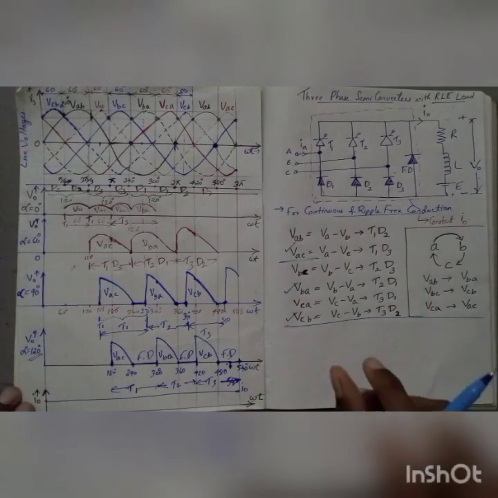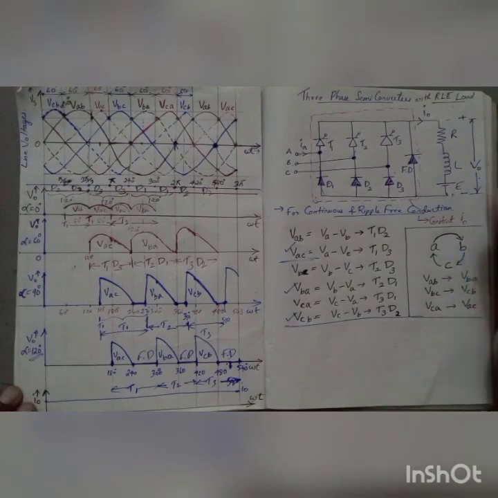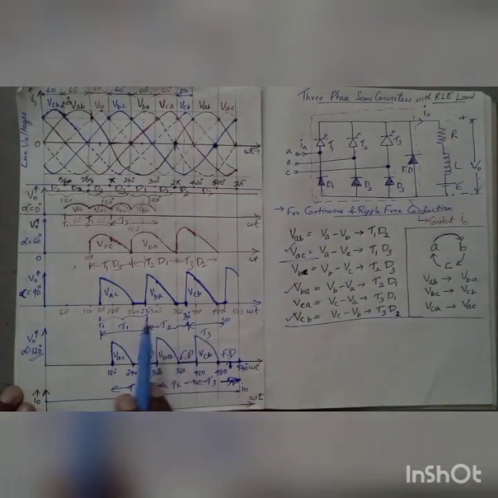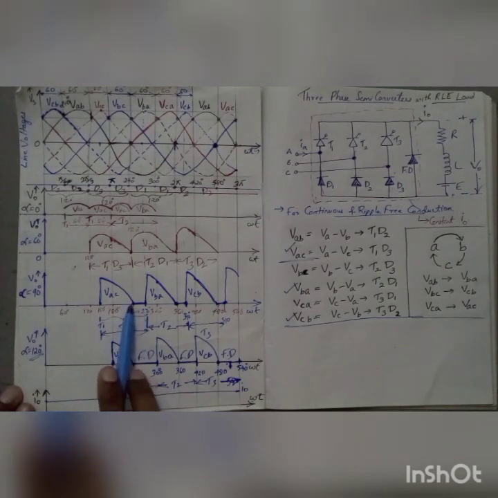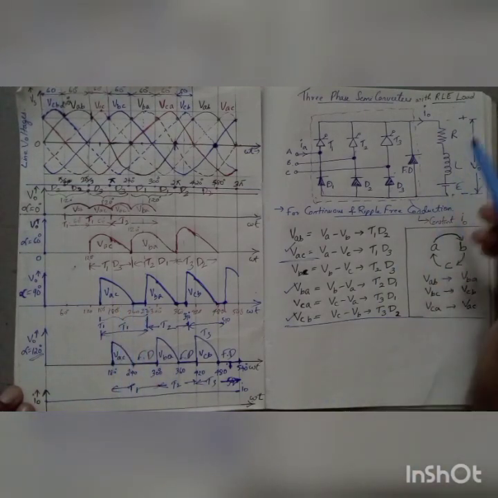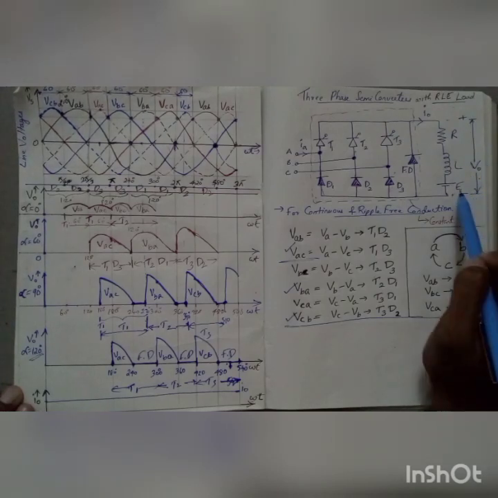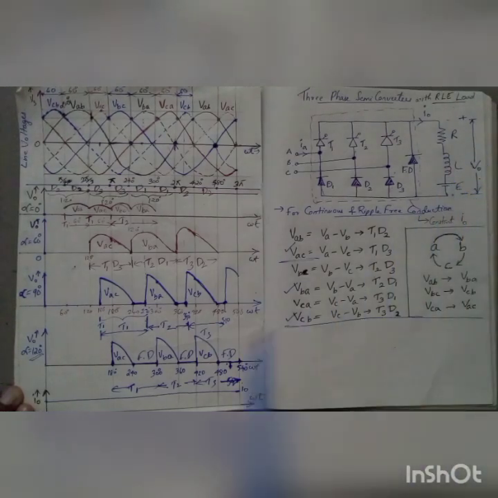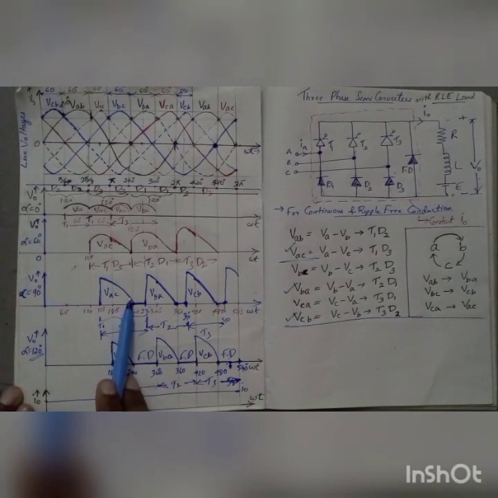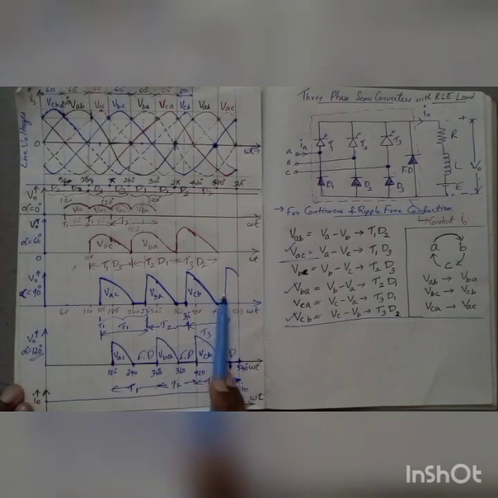Whenever I0 becomes 0, the drop across R will be 0 and the drop across the inductor will be 0. So V0 will be equal to E. Whenever V0 would be 0, we will have a voltage E across my load if I0 is discontinuous.